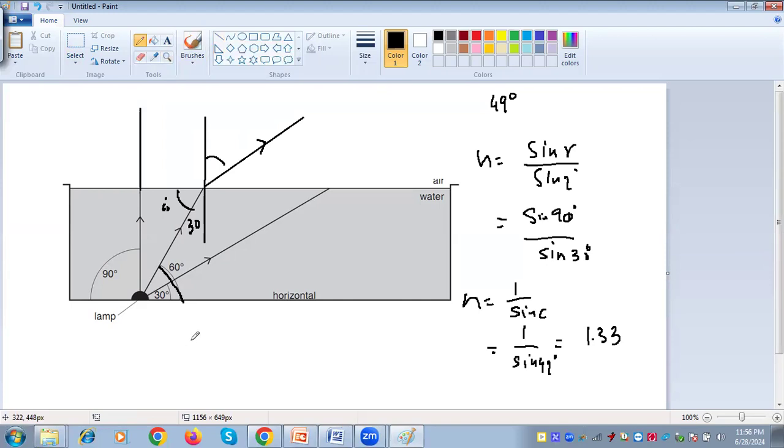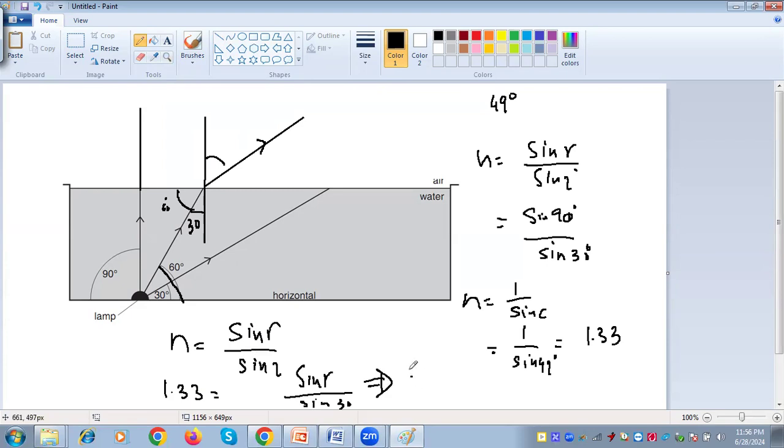So what will be the angle? You can apply n equals sine r over sine i. 1.33 is equal to sine r divided by sine 30. This angle of incidence is 30. So sine r will be 1.33 and sine 30 is 0.5. So what comes? 1.33 into 0.5.